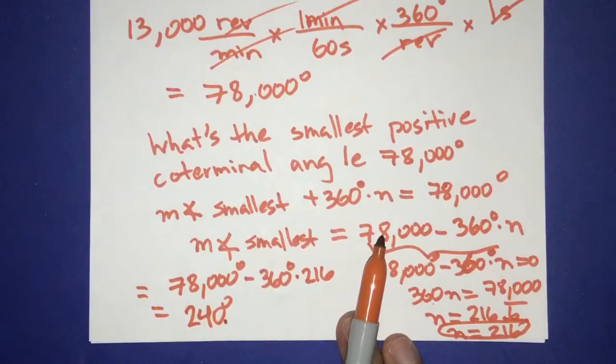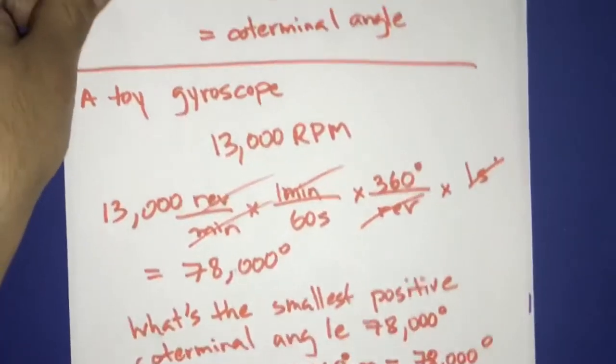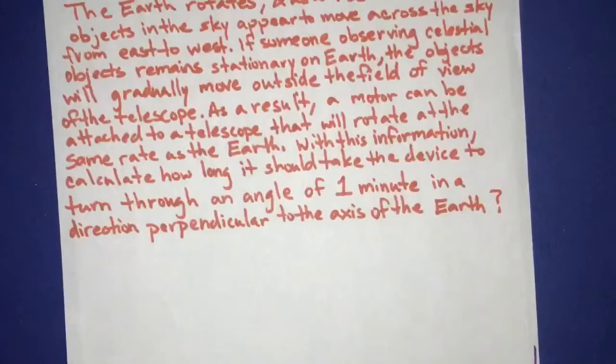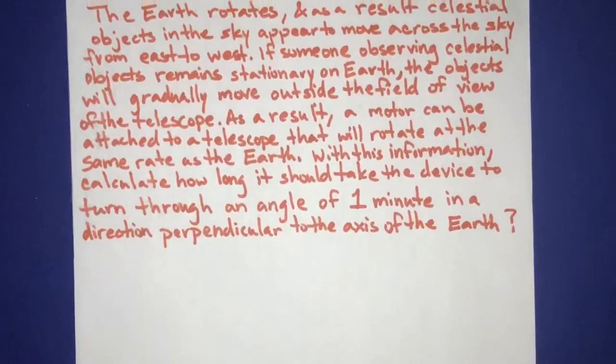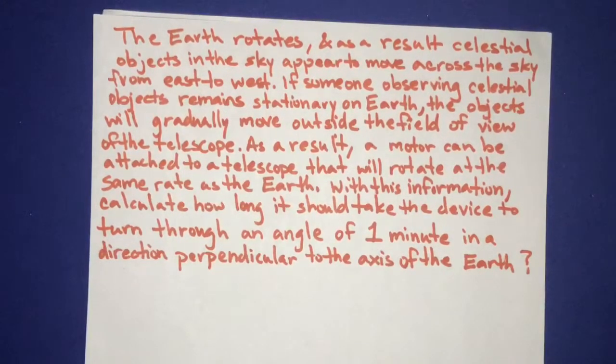Okay, so let's go ahead and take a look at one more problem. So let's say we have this problem. The Earth rotates, and as a result, celestial objects in the sky appear to move across the sky from east to west.